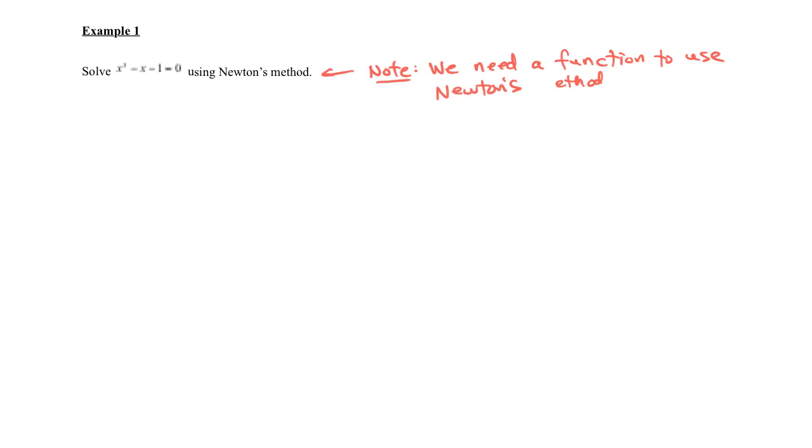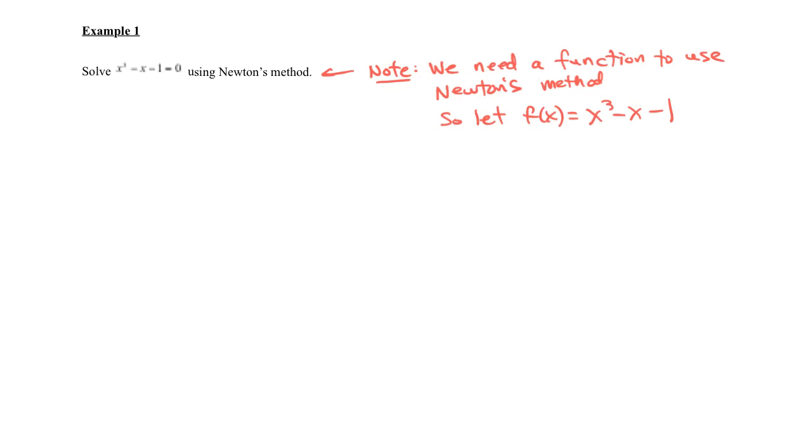We need a function to use Newton's method. So what we can do is this. If we want to solve this equation, let's let this be f of x, and then we can figure out where f of x equals 0. So since we need a function, let f of x equal x cubed minus x minus 1.